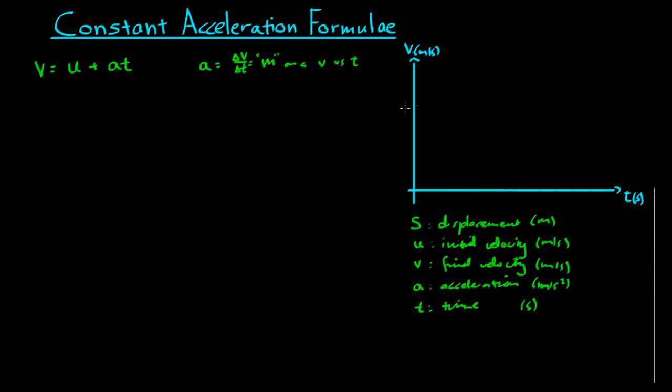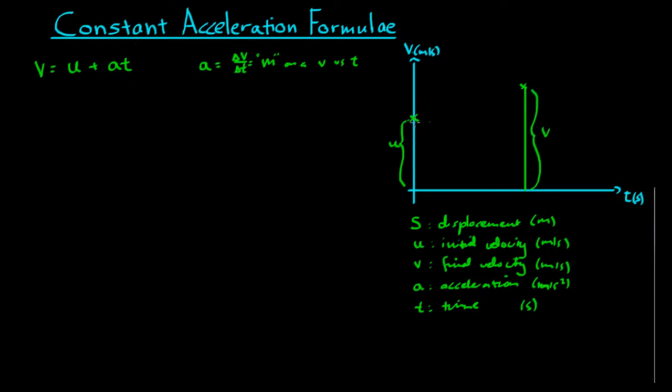Say we start out at U. That's our velocity at the start. So the height of this line here is U. And then we end up here at V. And the height of this line here is V.